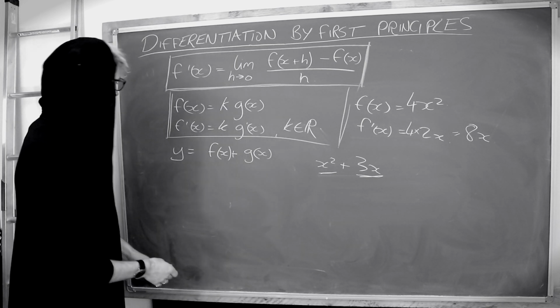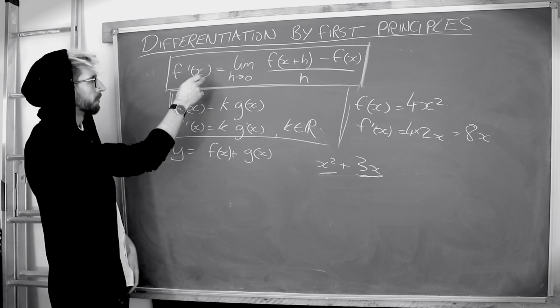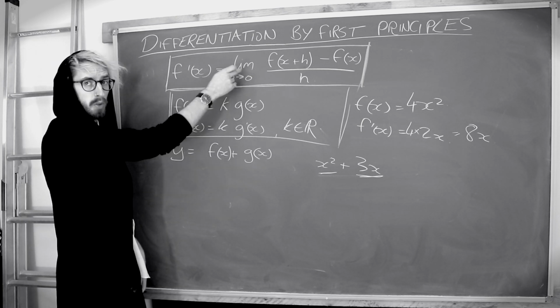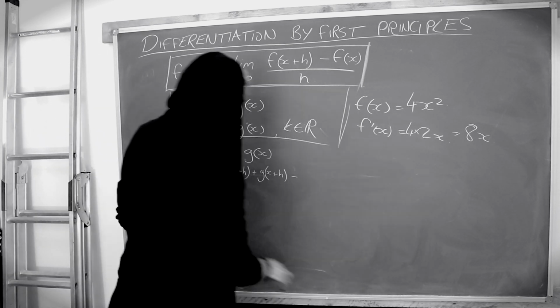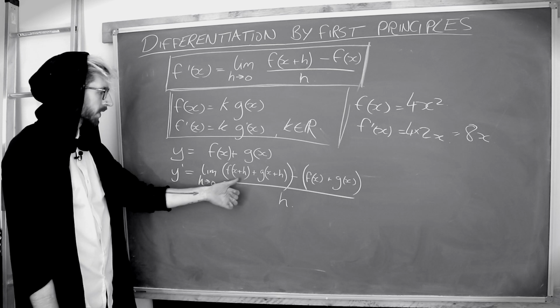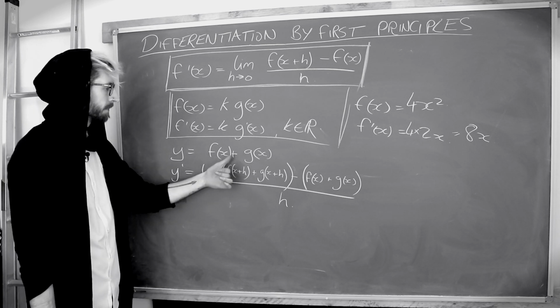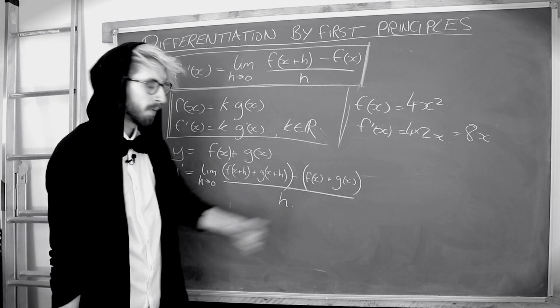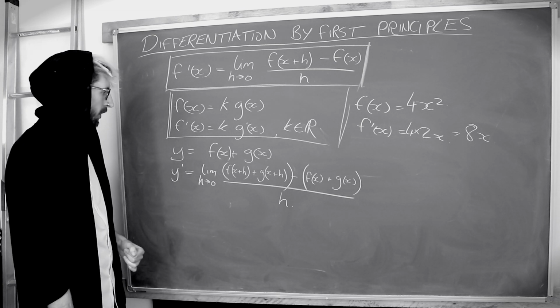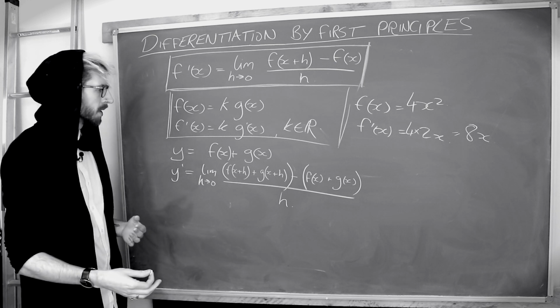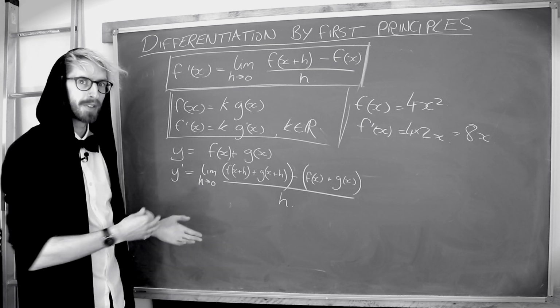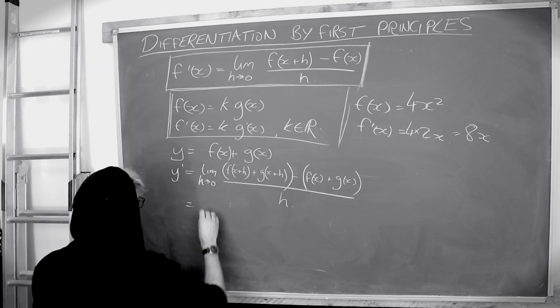Cool. So let's go through the motions again. We're going to put this into there, y prime. So what I've done is I've just put x plus h into there, and then we're minusing just the normal one. Because this is all over a common denominator, we could put this as 2 separate fractions.